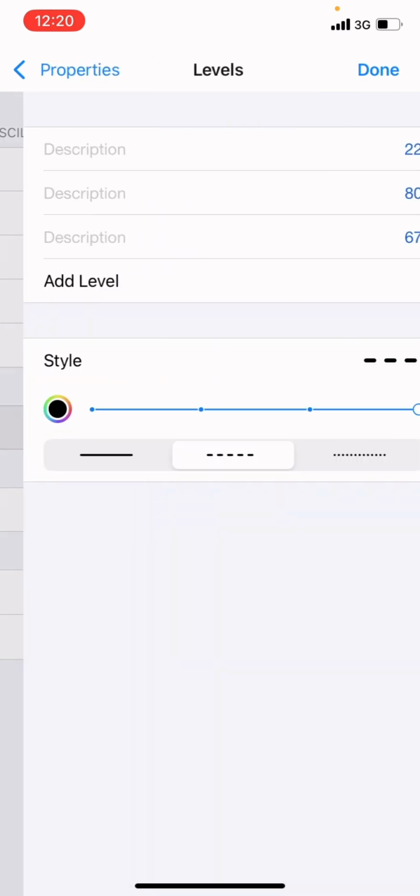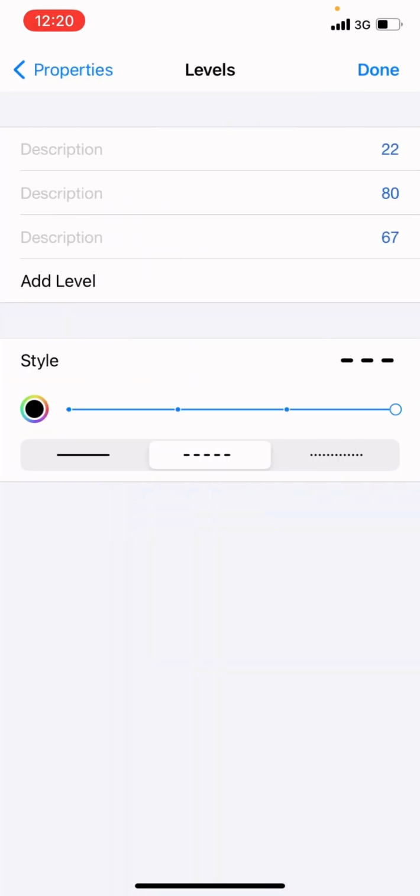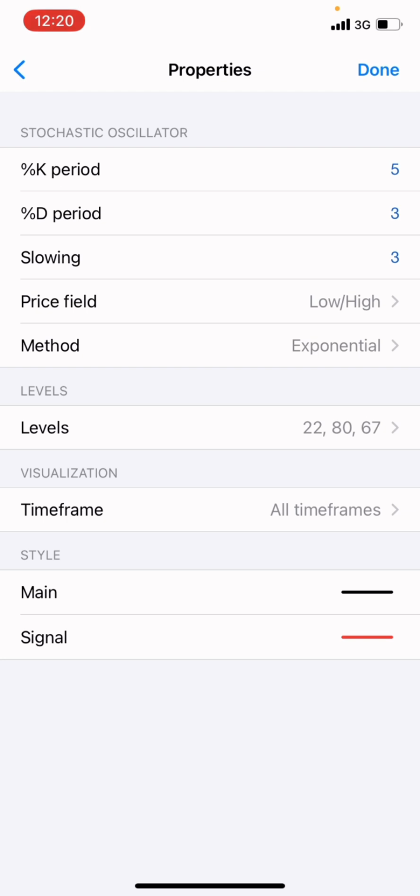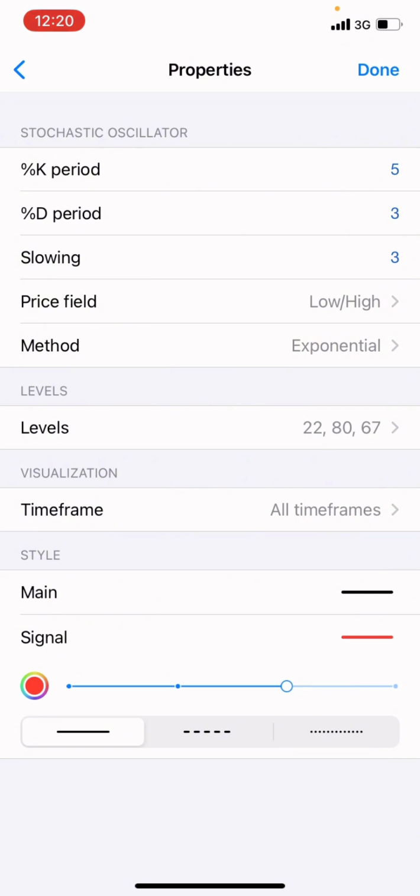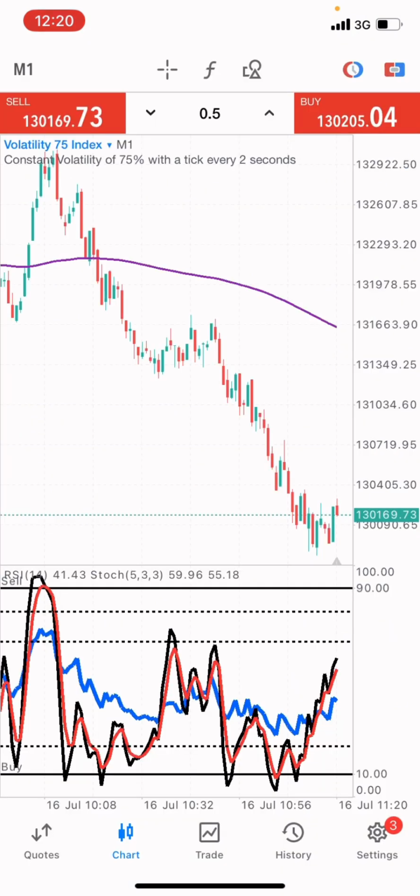The levels you want to put on are 20, 80 and 64. The style here, put it on 4 pixels, black color, then this middle line here, you click on done. You apply to all time frames. The main on black on 3 pixels, the signal on red 3 pixels, you click on done.